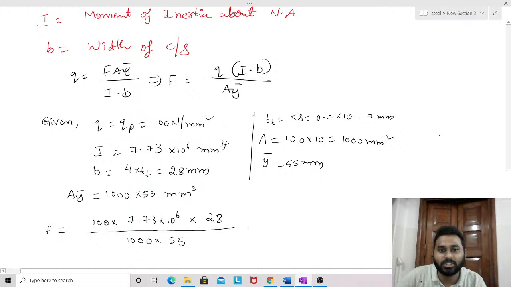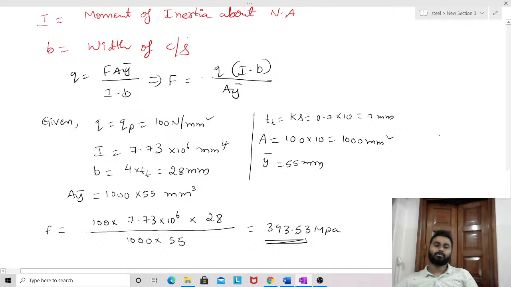Upon simplifying this calculation, we get the answer, that is 393.53 MPa. So this was the answer for this question.